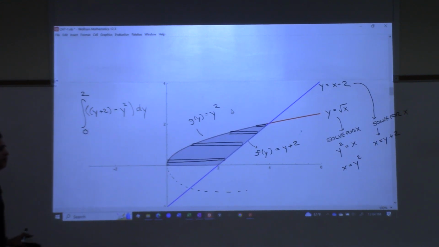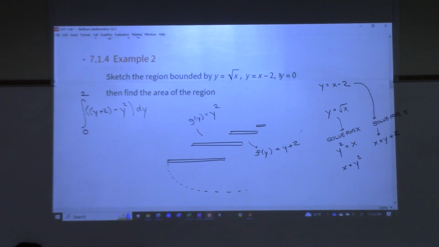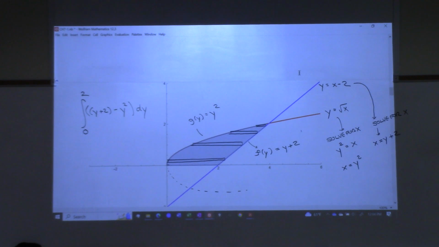Mathematically, how do we find that we start at 0? Because of what was given to us in the original problem. The y = 0 right there told us we have to start at y = 0. If that wasn't there, then it wouldn't be an enclosed region, right? So that's a very important part of this problem, that it has to be there.